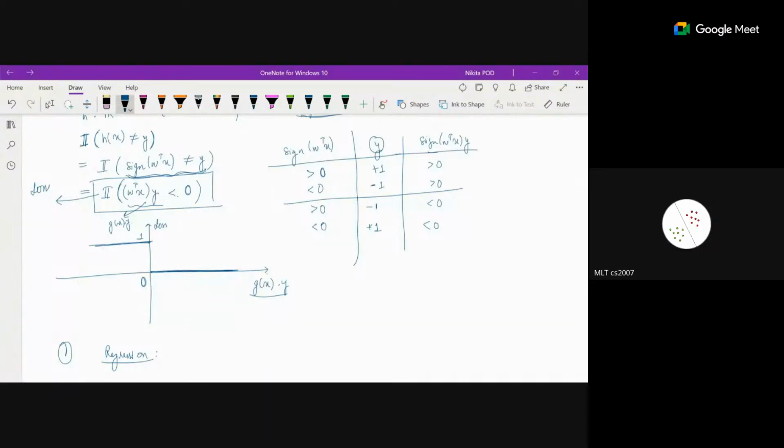So how do you define the indicator function? If anything inside this indicator function is true, I am going to say the value will be 1.